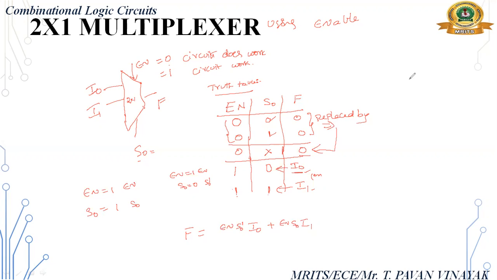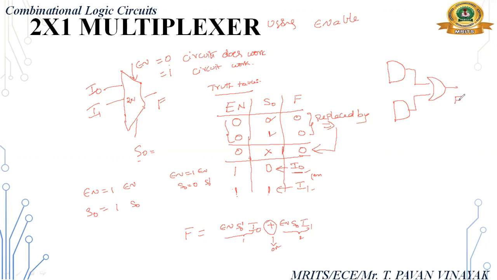Now the circuit will be, we have two AND gates. First AND gate, second AND gate, and one OR gate. So I am taking the OR operation. So this is F. Okay.